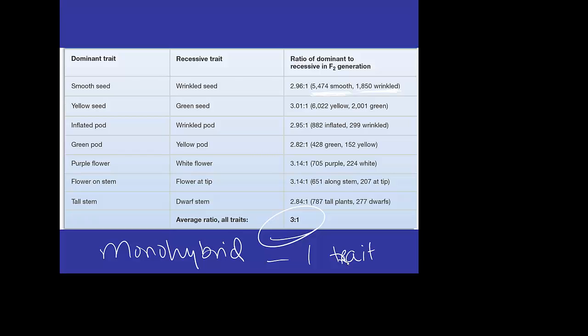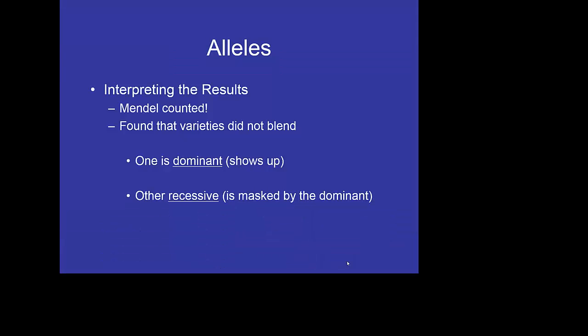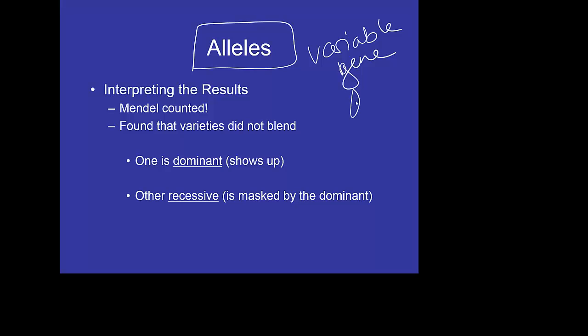I don't think you have the time now or the desire to count all of these characteristics, but it started to get him to think, all right, well, if things are inherited in consistent patterns, I should be able to make predictions, right? So he started making predictions based on what we today would call alleles, all right? So an allele is a variable gene, okay? So if you have 2 copies of a chromosome, say chromosome 7, it doesn't matter.